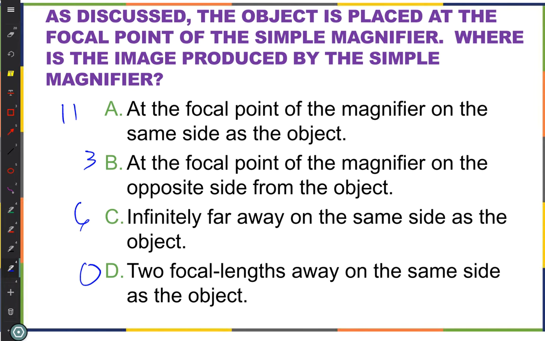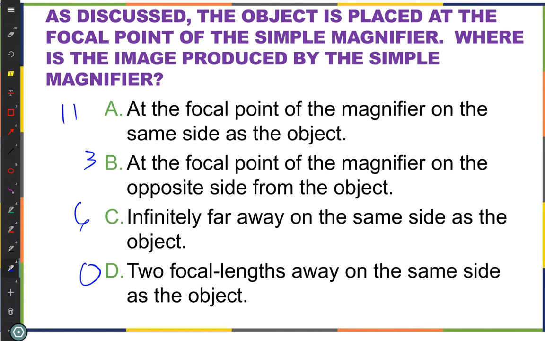So if I have my object here, the light goes out from the object in all directions, goes through the lens, and then where do the rays meet? Those rays are parallel. Where do parallel lines meet? Never. Right? So the answer is at infinity, which is our way of saying they never actually meet.